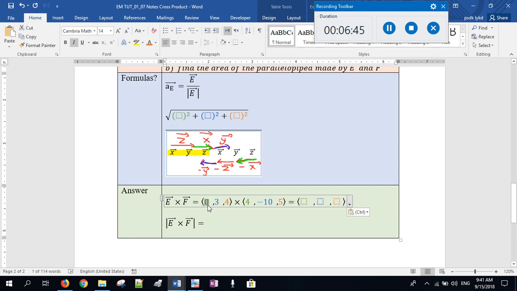Don't multiply the same dimension, x into x or y into y or z into z, because they will give 0.